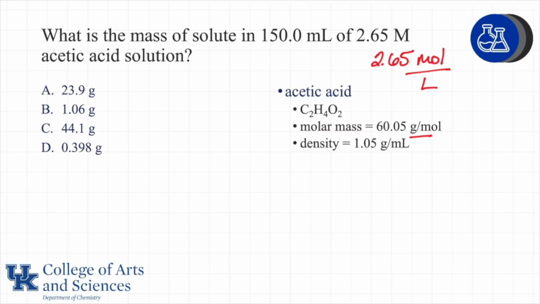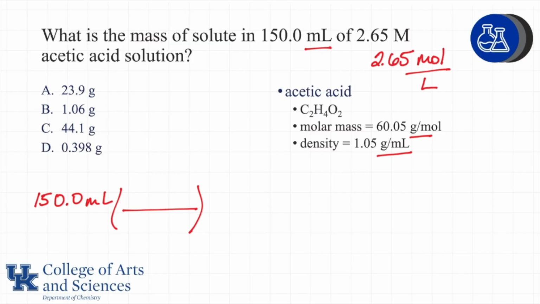I see I have a relationship with the molar mass and a relationship with the density. The only number I have as a simple unit is the 150 milliliters. I'm going to start my problem with the 150 milliliters. I know milliliters needs to go on the bottom, and I want to convert that to liters because I see that molarity has units of moles per liter.